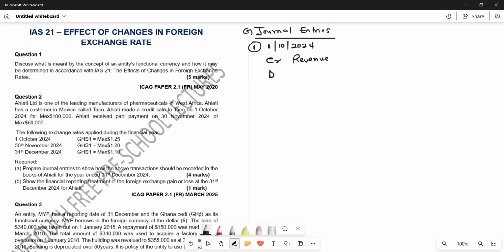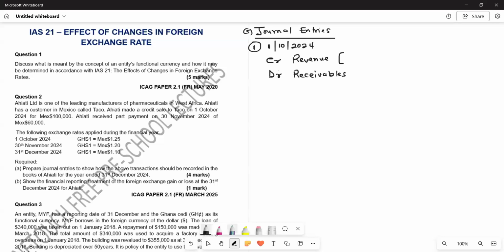And then Ahiati will debit receivables, true or false? True. With how much? With 100,000 Mexican dollars at a rate of 1.25.